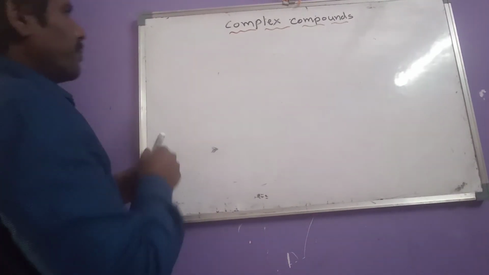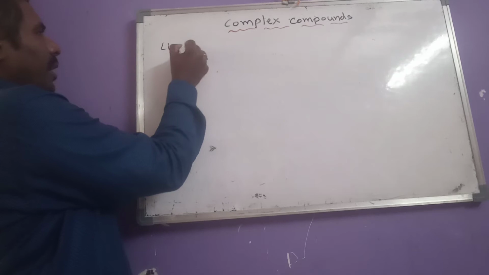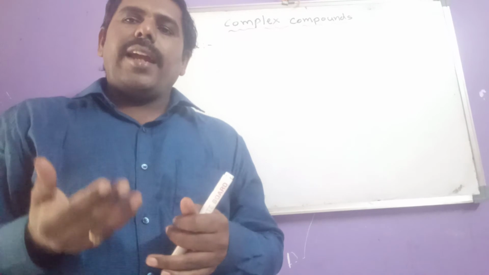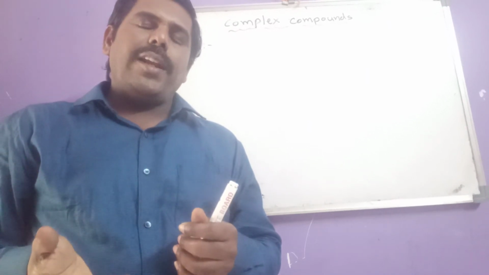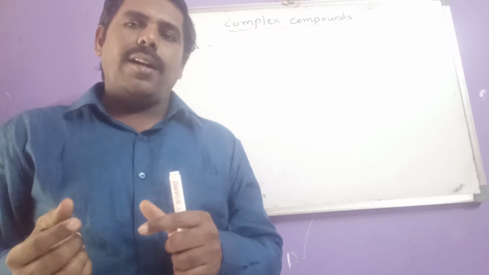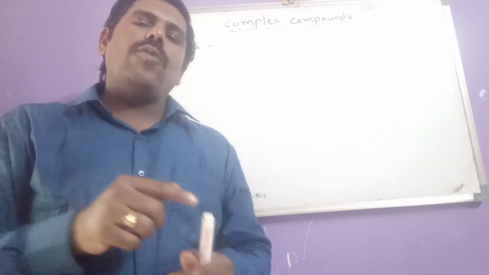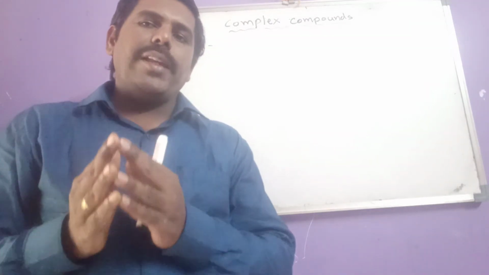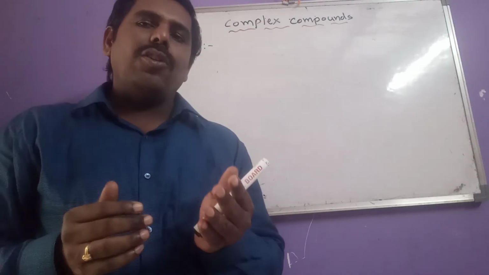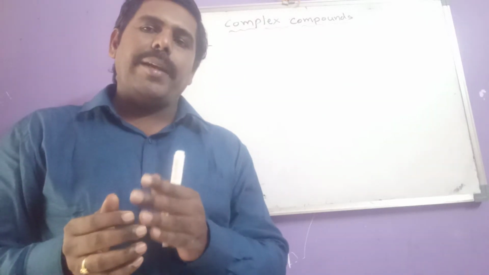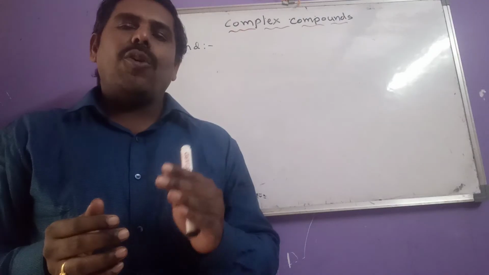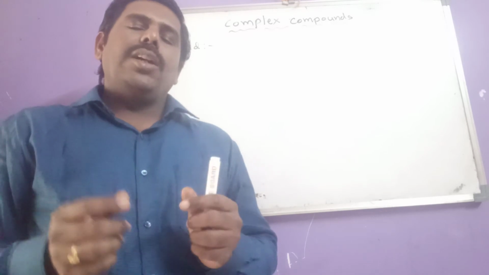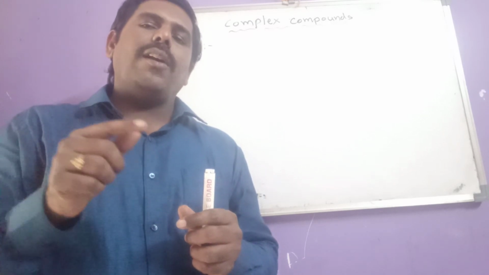A cation, anion or neutral molecule which can donate a lone pair of electrons to the central metal ion to form a coordinate covalent bond is said to be a ligand. First we should know the naming of ligands.